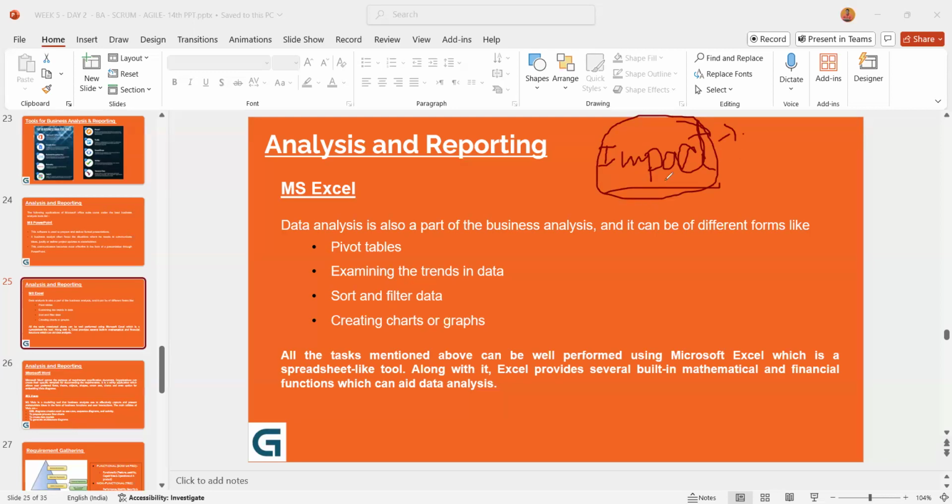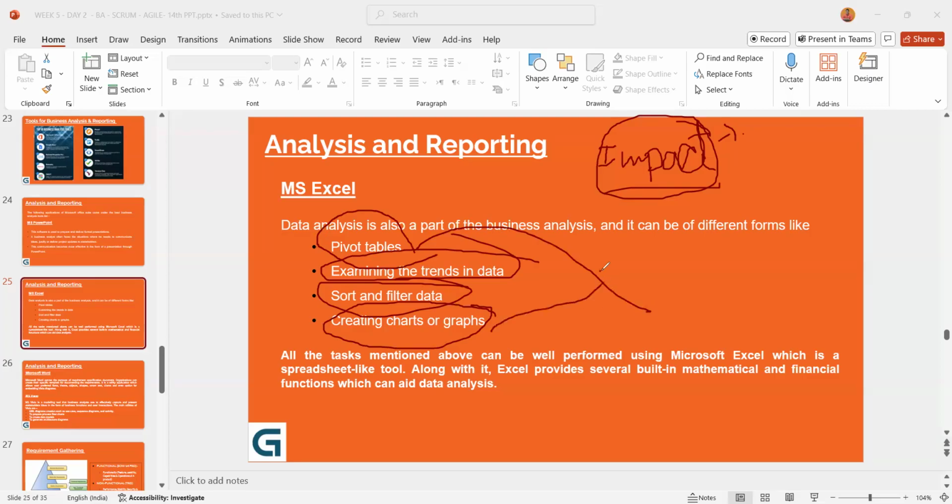Those impacts, those analyses you need to summarize to examine the trend. You can sort and filter the data. You can have a pictorial representation of data. Why do you need to do all this? Because you are going to present all of it.